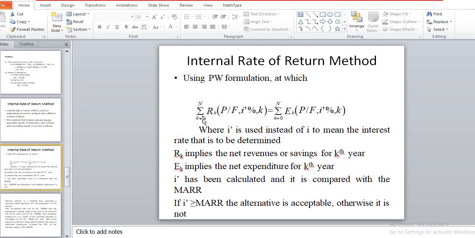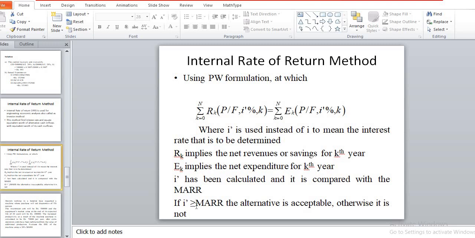So when present worth becomes 0 at that particular interest rate I dash, that interest rate I dash is nothing but the internal rate of return.